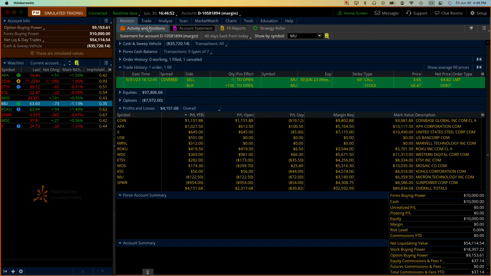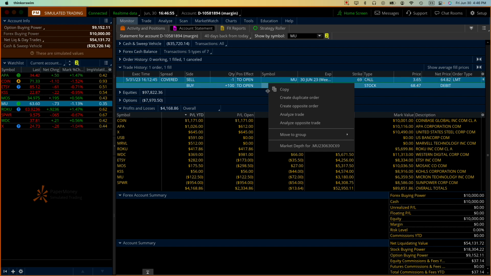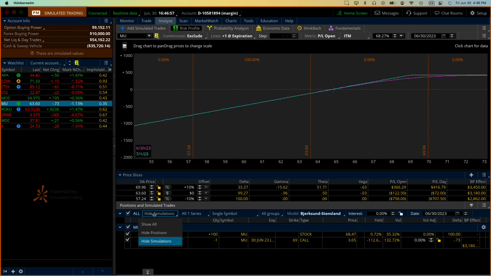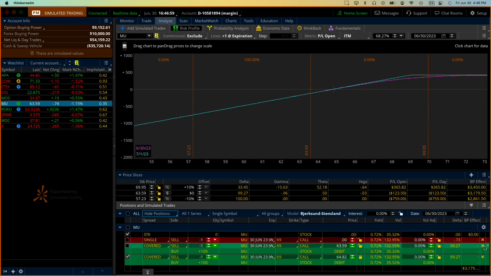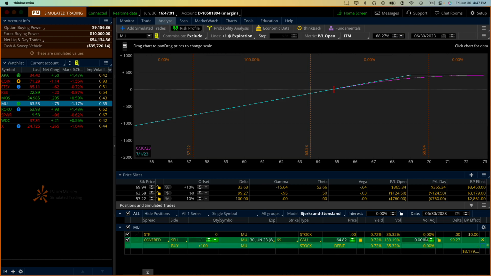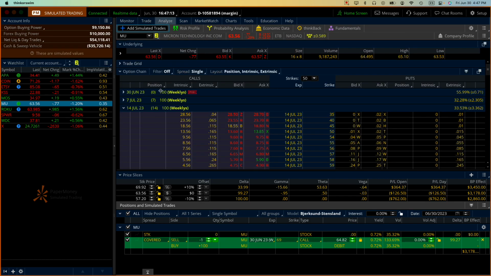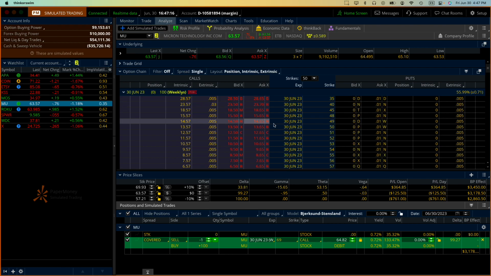So let's go to the monitor tab and we copy this, analyze trade, so you can see it. Okay. And so what do we do here? It's below the break-even point. It's a loser. So what do we do? Well, first of all, that option that we sold is probably close to zero in extrinsic value because it expires today.